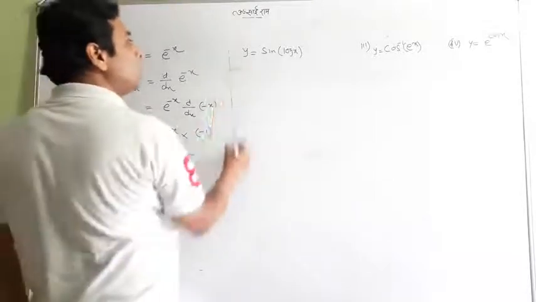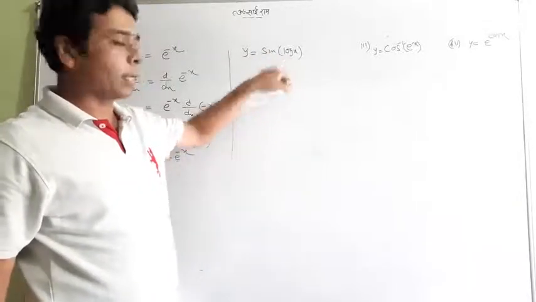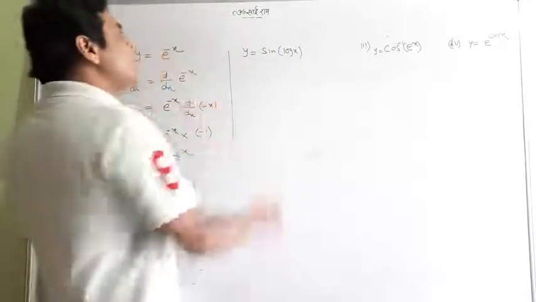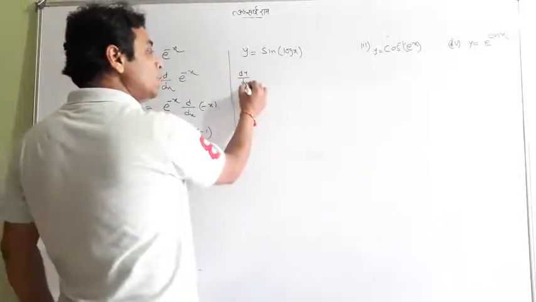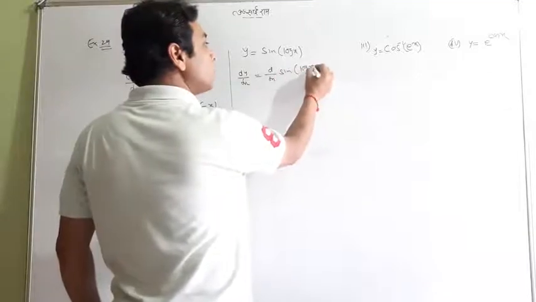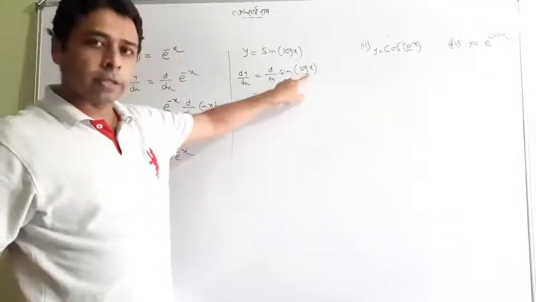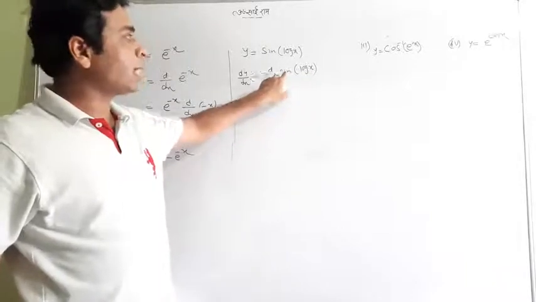What do you think about sine of log x? Right now I have taught this. So dy by dx, how do we deal with this question? d by dx of sine of log x. The first function is sine and the second is log x.